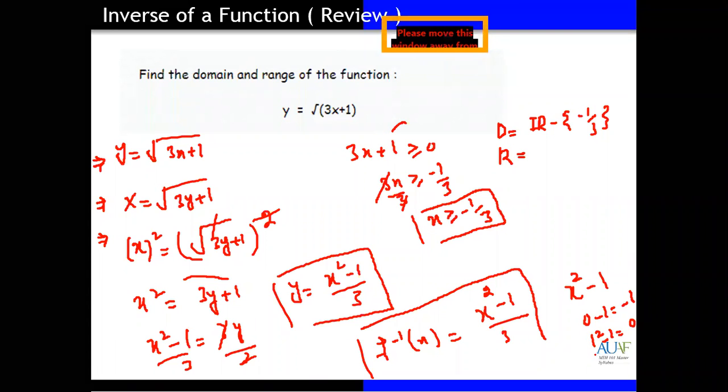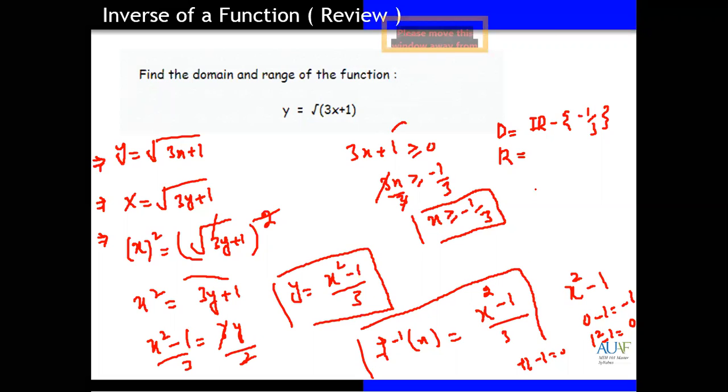If you give a negative value, minus 1, then minus 1 squared is also plus 1, and minus 1 equals 0. All the values are possible. But if you give negative values, again the result will be positive.